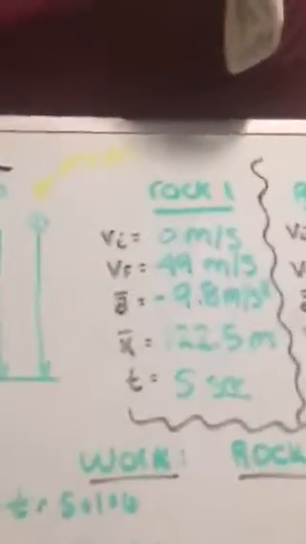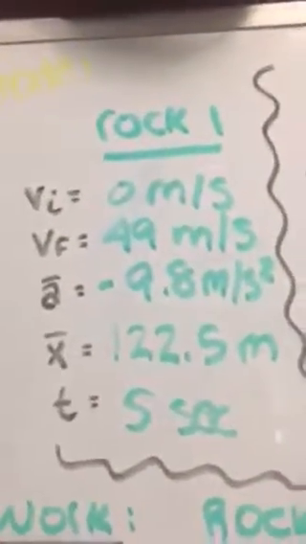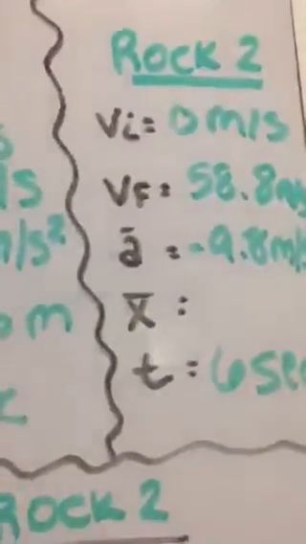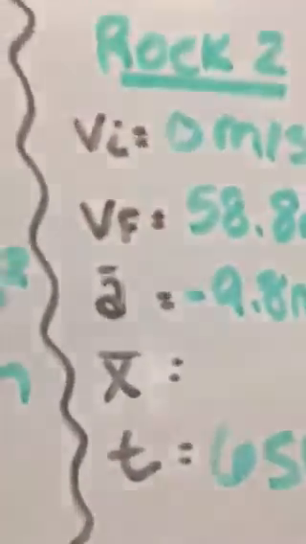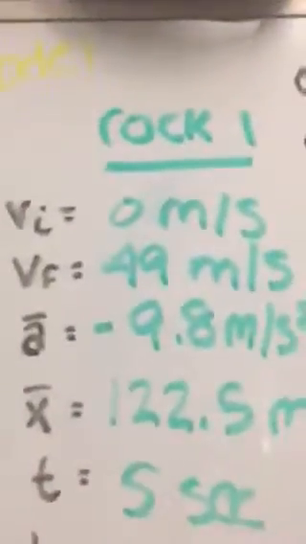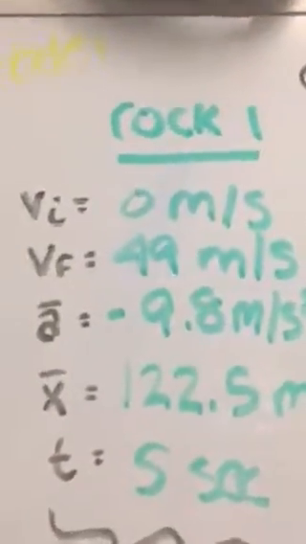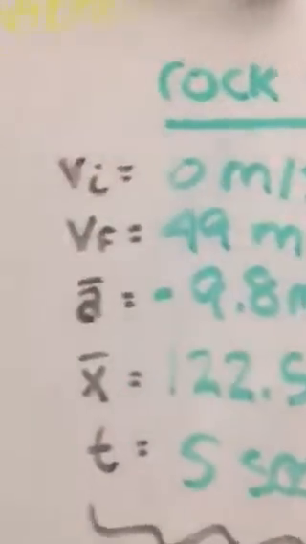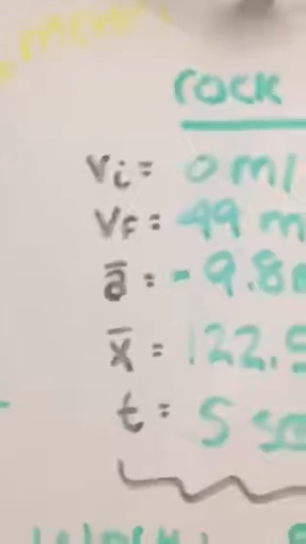Okay, so we have rock 1 and rock 2. The reason why we don't need to find displacement for rock 2 is because we already have displacement for rock 1, and we already answered one of the questions, which was how high is the roof.